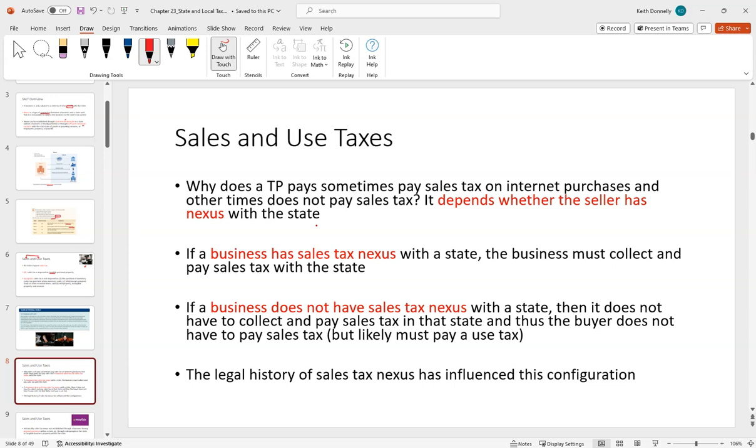So if we're just talking about high level here, right? If a business, for example a seller, has sales tax nexus, they then have to collect and pay sales tax with the state, right? So, hey, we're in state A, we go to a store in state A, we buy some goods. The business has sales tax nexus with state A through that physical building, that office.